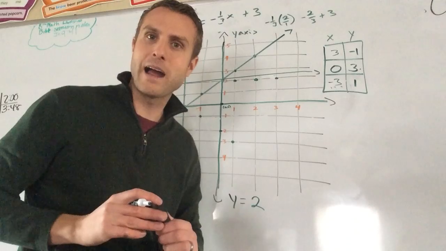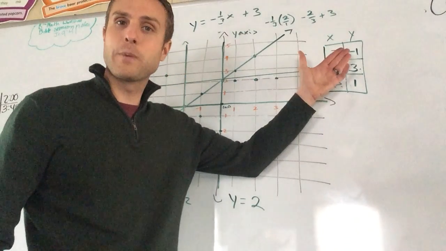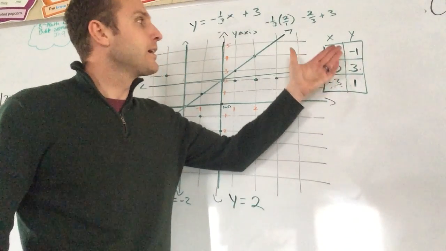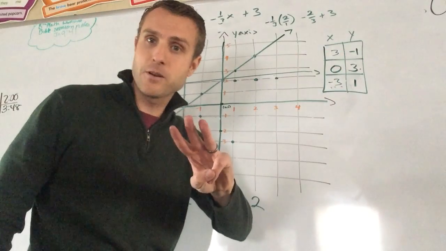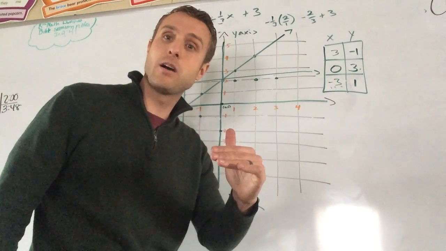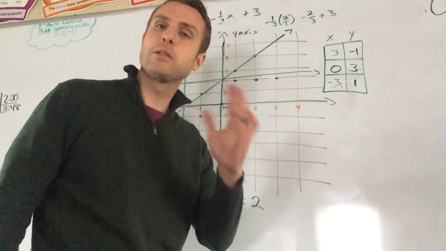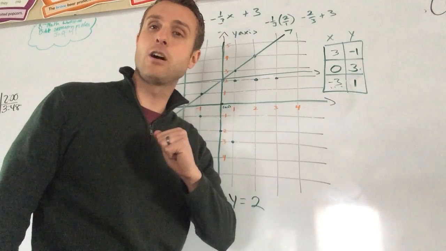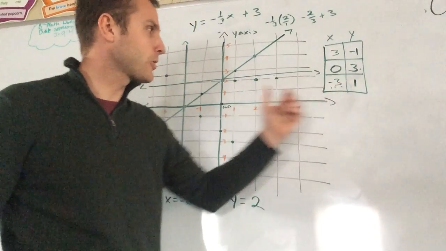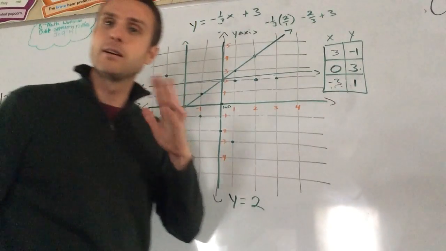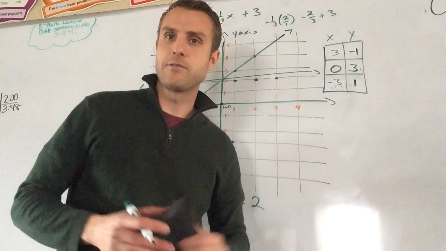So the first way to graph is by using ordered pairs. You choose 3 numbers. I would recommend choosing 0 and then a negative and a positive number. For each number, plug in that number for x, solve for y. Once you have 3 ordered pairs, graph them, connect the dots with the ruler, and you have your line.